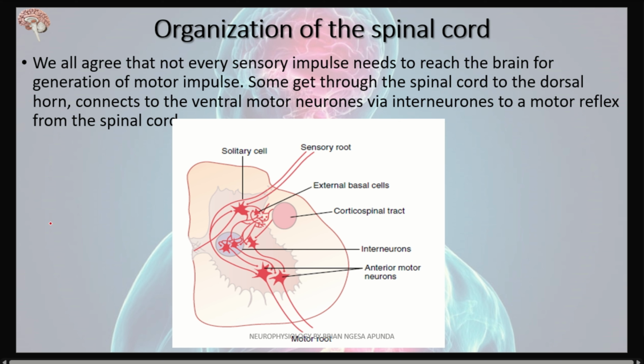We majorly divided this into two, the voluntary part and the involuntary. The voluntary part was the initiation of the movement, but the involuntary part is everything that happens in the background of the movement to make sure that you have an efficient movement.